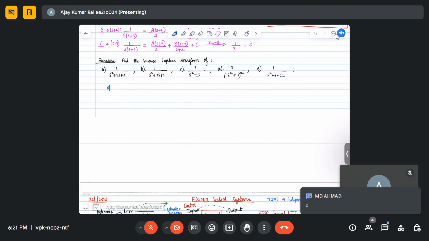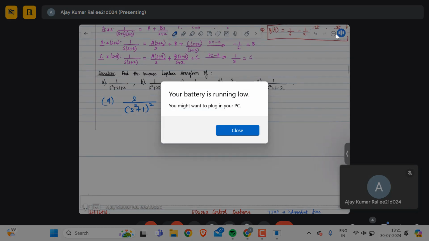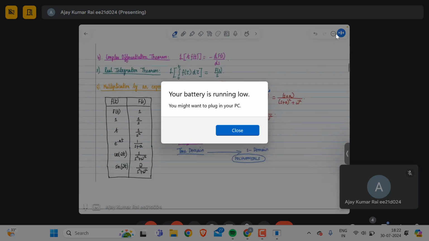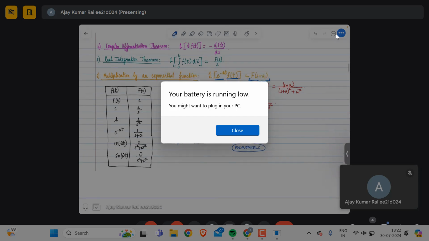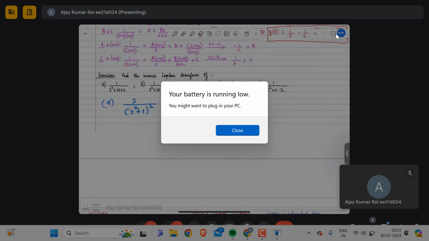The D part you said, let's cover the D part. That is s by s square plus 1 whole square. Let me see which property we can use here.